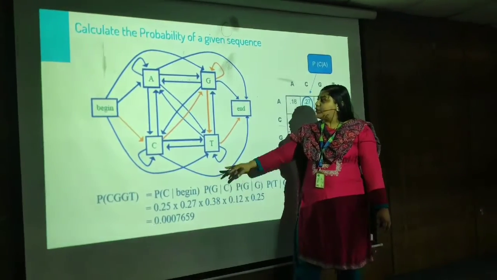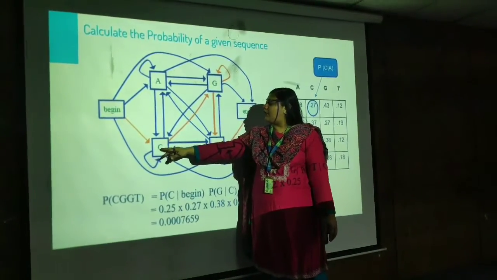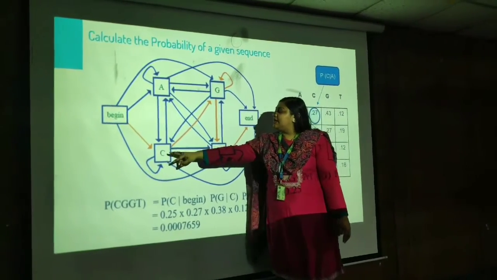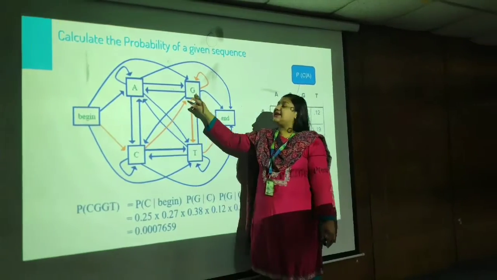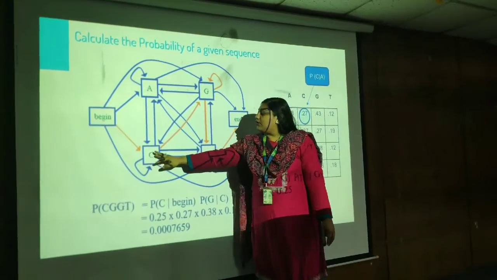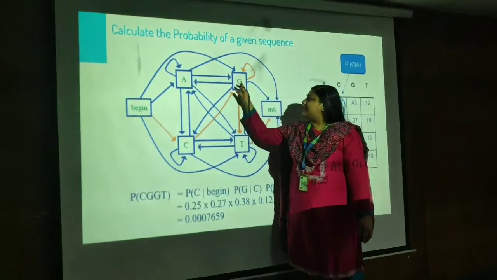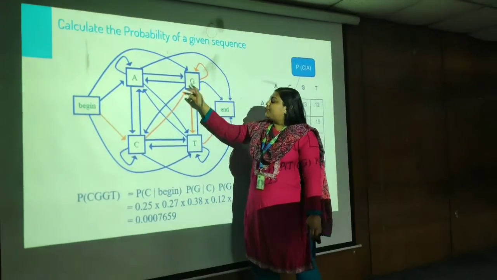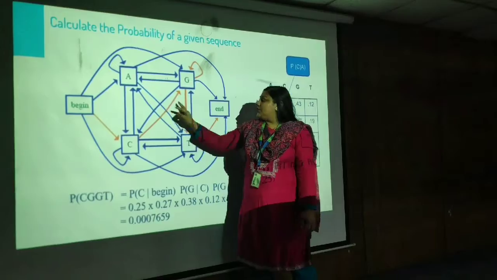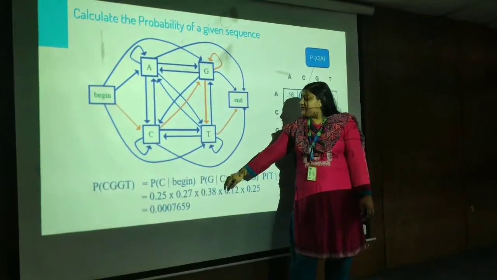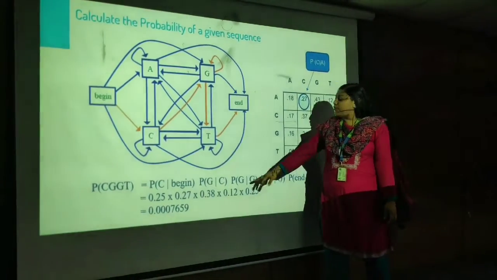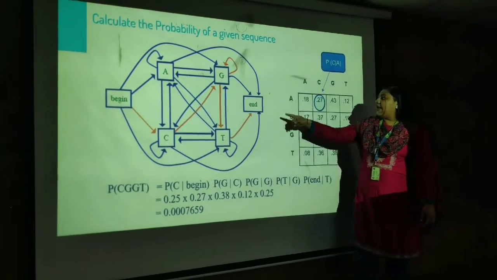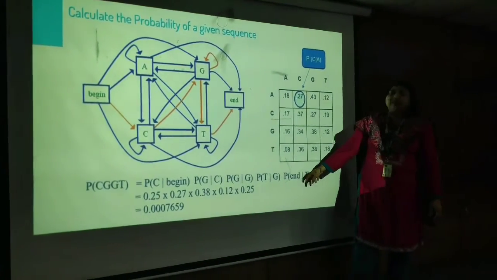Going to the next state, the next path is the C to G transition. Clearly we can see this is the previous state and this is the next state. The next state is divided by the current state. So the probability will be G by C, then G by G, then T by G, then end by T. Did you understand, class?